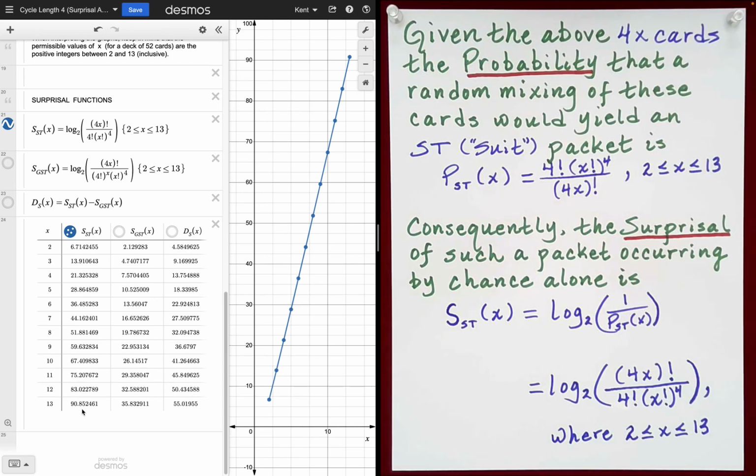So we're probably not surprised that this would be so incredibly unlikely to happen. But remember, when it comes to Gilbreath performances, we begin with a cyclic construction, and then we Gilbreath shuffle that packet, okay? So that's really what we're interested in now. We're interested in what happens when we randomly deal out a number of cards and then riffle shuffle those together in a haphazard and messy way.